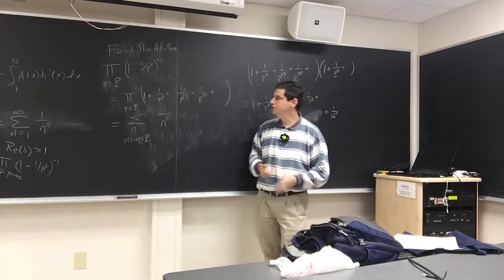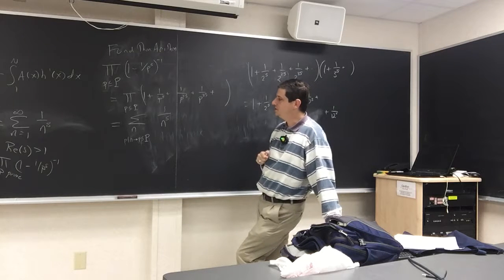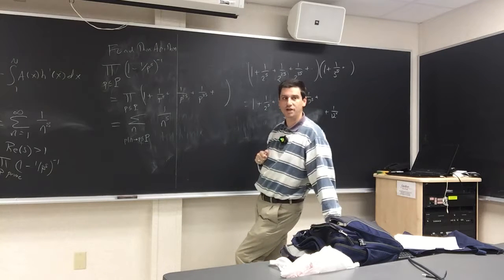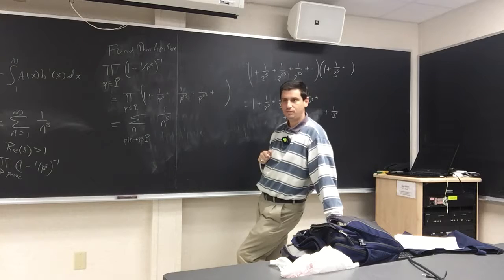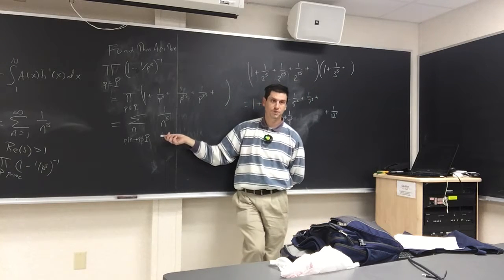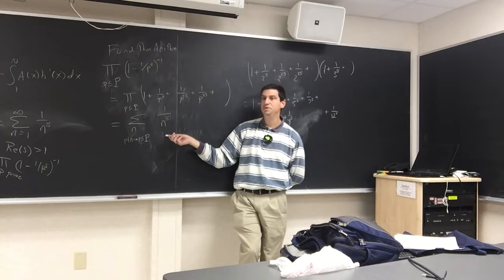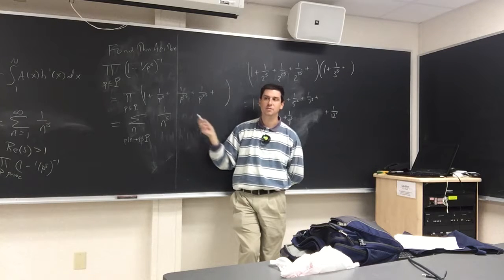So one way you can do this is you can take large finite products, and then you can see, well, what's the difference between this series and the sum of 1 over n to the s? Well, clearly I'm going to have every number up to P. So if I look at the difference, it would only be the sum of 1 over n to the s, dominated by the sum of 1 over n to the s for n greater than P. And then because the sum converges, I can make this arbitrarily small.